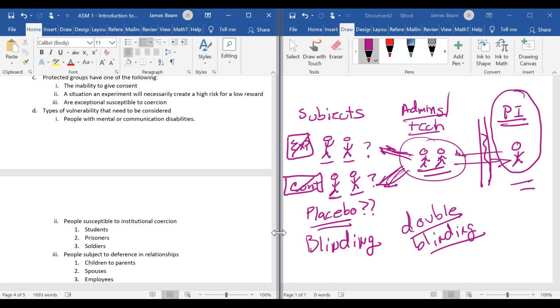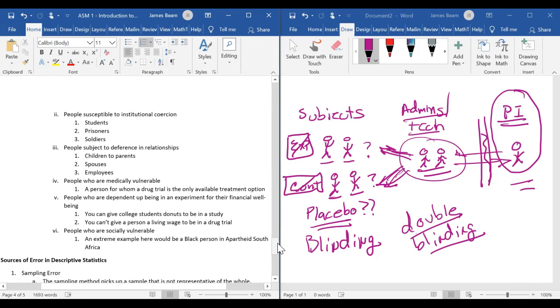So you have to be careful about that. To watch groups that are susceptible to coercion: students, prisoners, soldiers are perfect examples. Do this or you'll receive a punishment kind of thing, or even just the implied sense that if you don't do something, a punishment might happen.